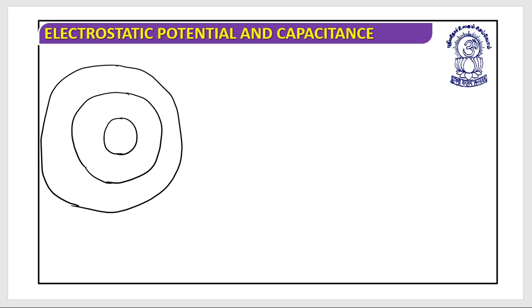Look at this. At this place, q is given. At this place, 2q is given. At this place, 3q is given. This is, let's say, R1. This would be R2. And this would be R3. Yes?